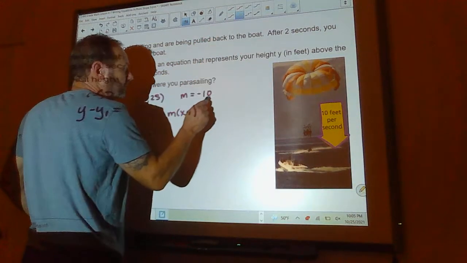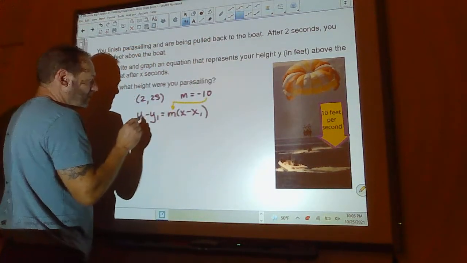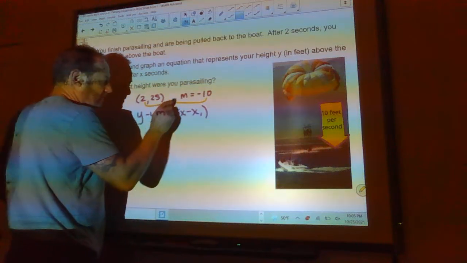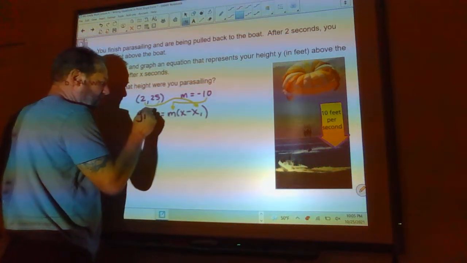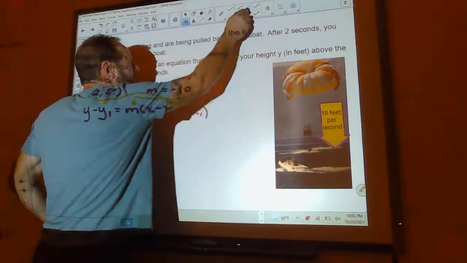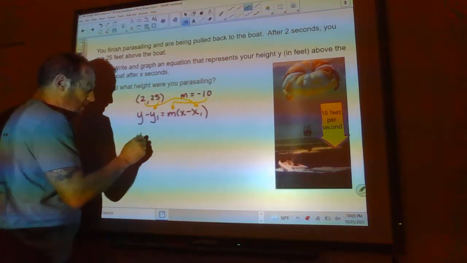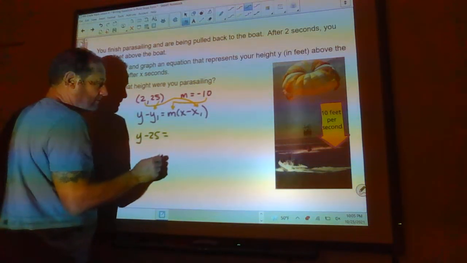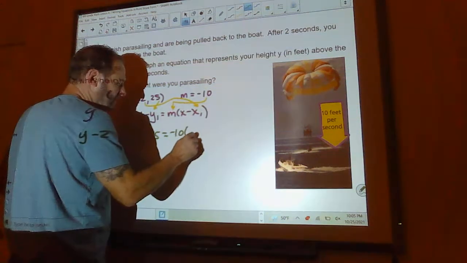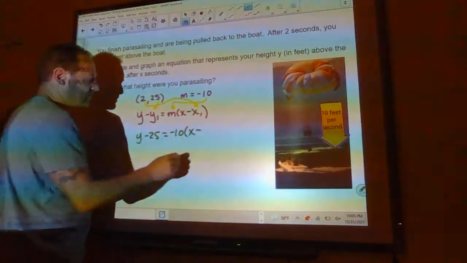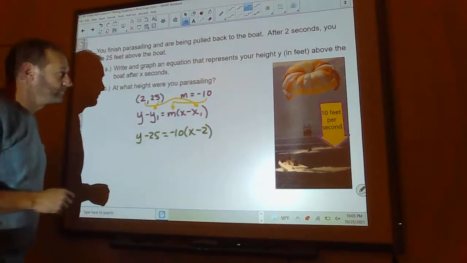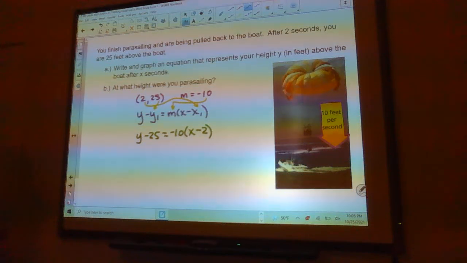My slope is going to go right here. My x is going to go right there. My y is going to go right here. So I'm going to end up with y minus 25 equals -10 times x minus 2. Okay.